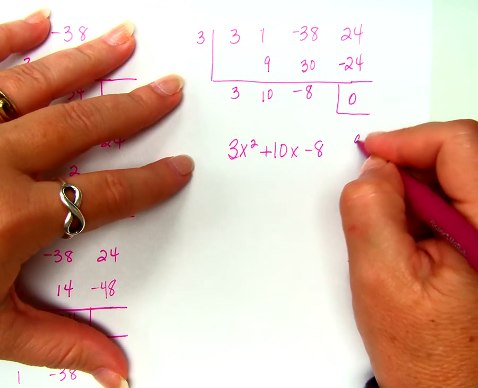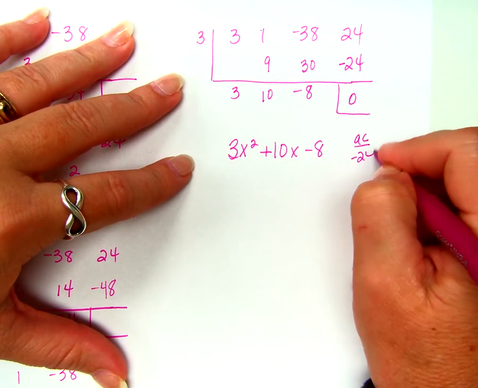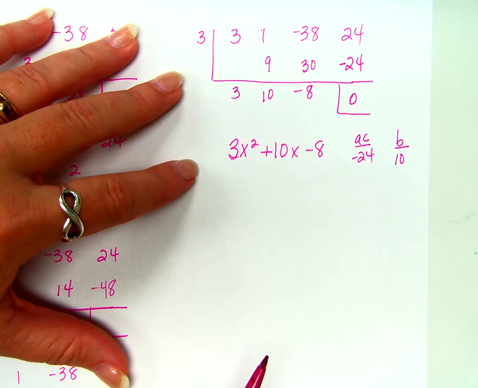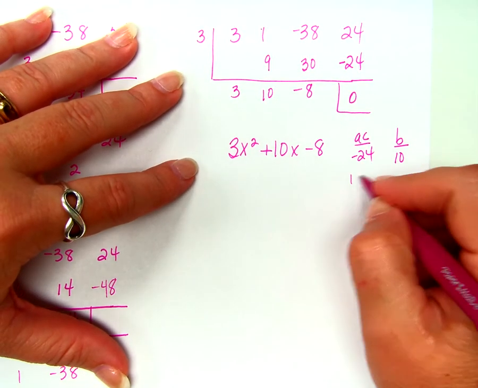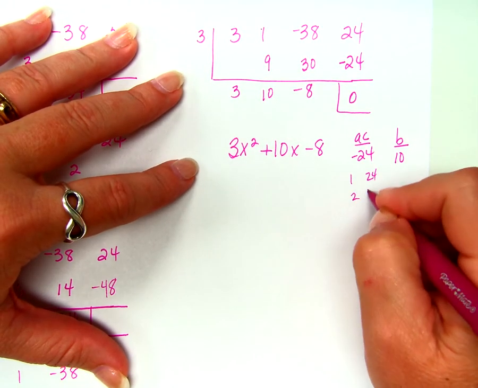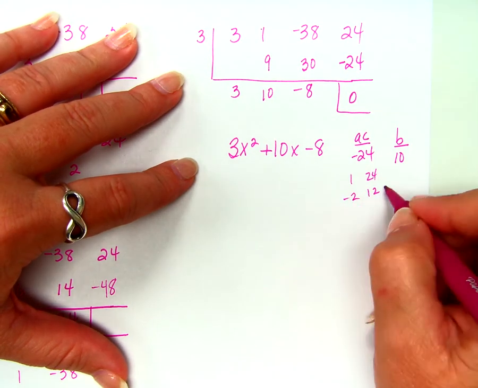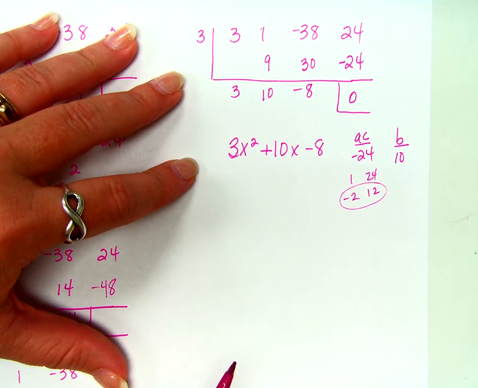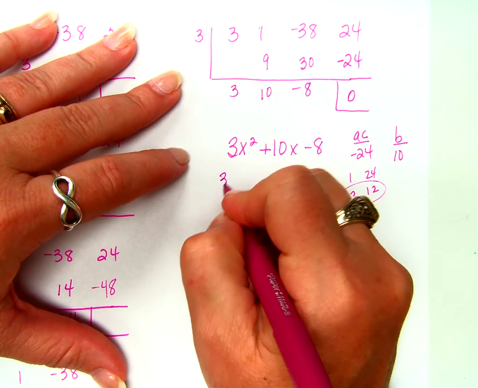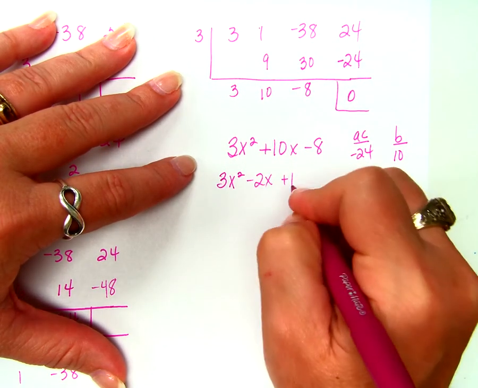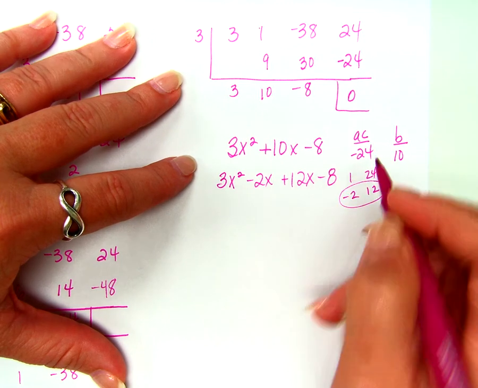Okay, so AC is negative 24 and B is 10. What if I had negative 2 and 12? Would that work? Okay, so 3x squared minus 2x plus 12x minus 8.